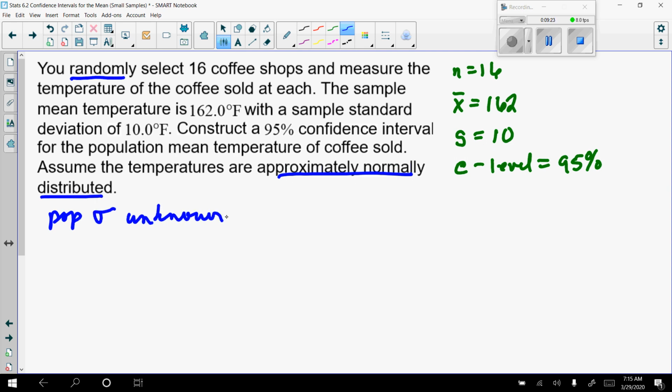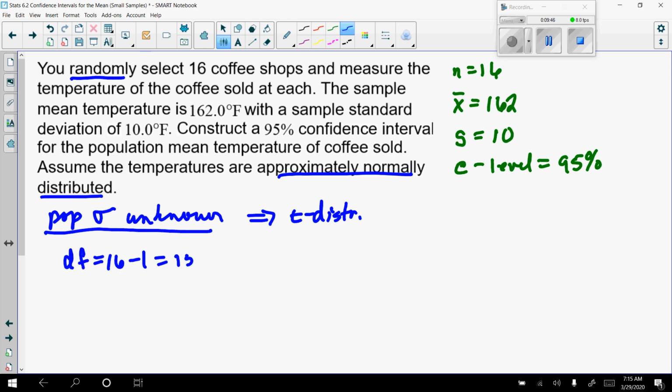We know our sample standard deviation, but not our population standard deviation. That means that since this is unknown, we're going to proceed with a t distribution. Our degrees of freedom are 16 minus 1, or 15.